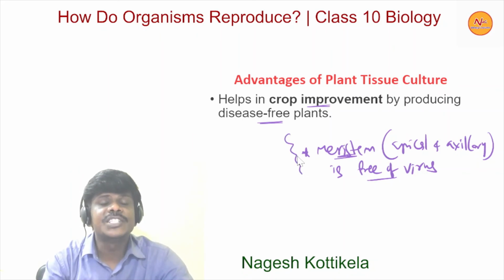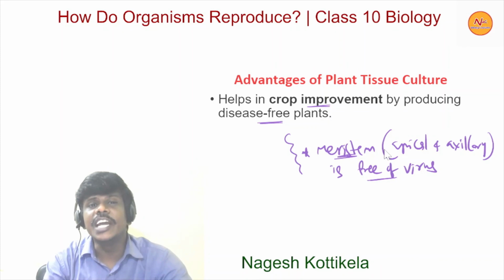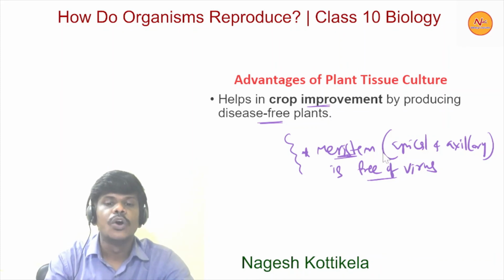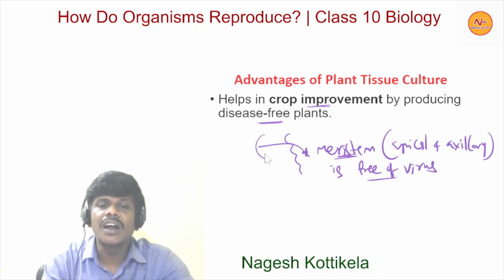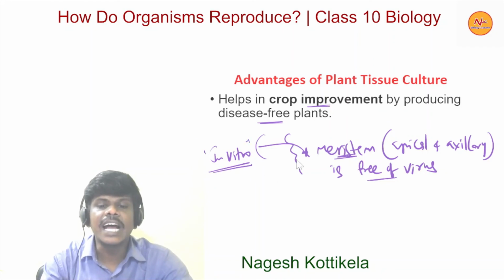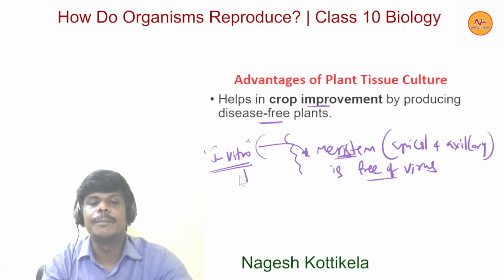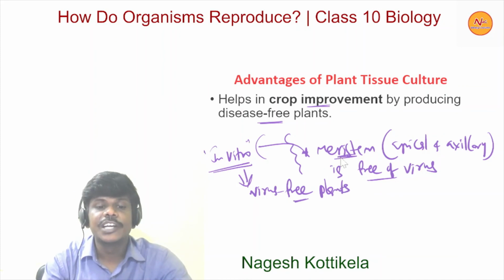Hence one can remove the meristem and grow it in vitro conditions to obtain virus-free plants. So the meristems are obtained, they are grown in vitro in the laboratory, and as a result virus-free plants can be produced. This is how disease-free plants or virus-free plants can be produced.